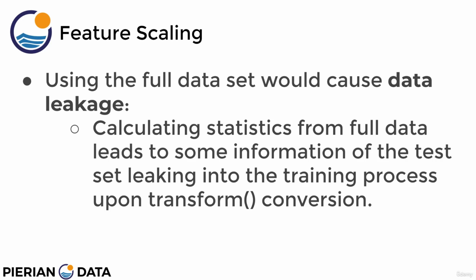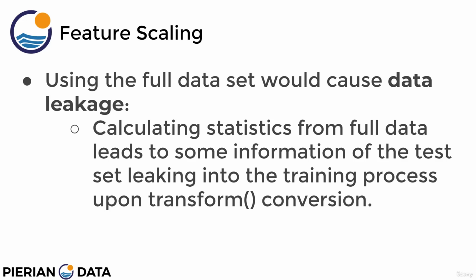Data leakage means that you're getting information from the test set prior to actually training your model. The reason for that is calculating statistics from the full data set would lead to some information from the test set leaking into the training process if you were to then transform everything based off statistical information from the full data set.